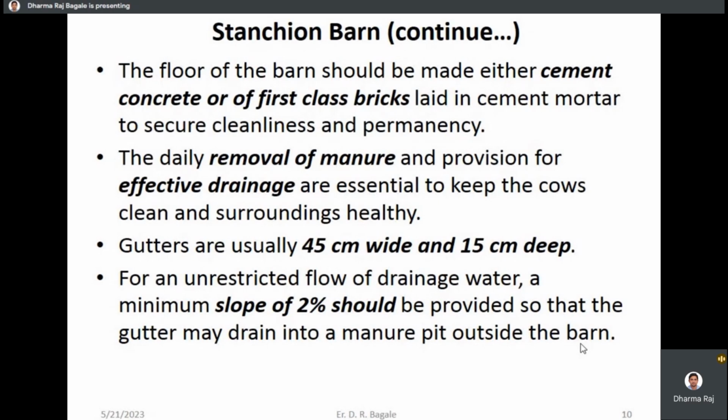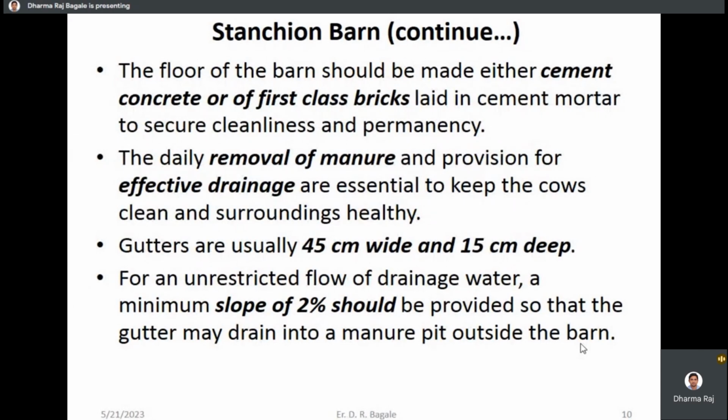So the floor should be such that the manure can be removed daily, with effective drainage from these stalls, so that the stalls can be kept dry easily and the surrounding can be healthy. The water or urine should not be ponded or deposited in these stalls.